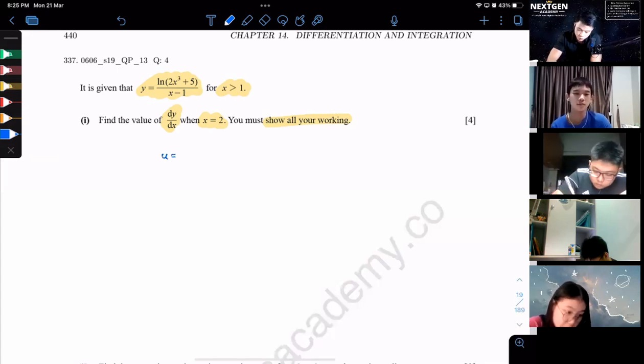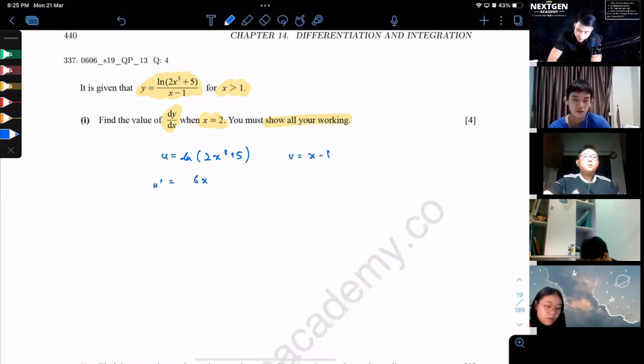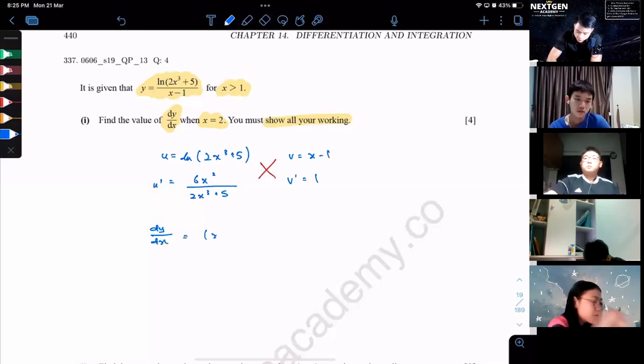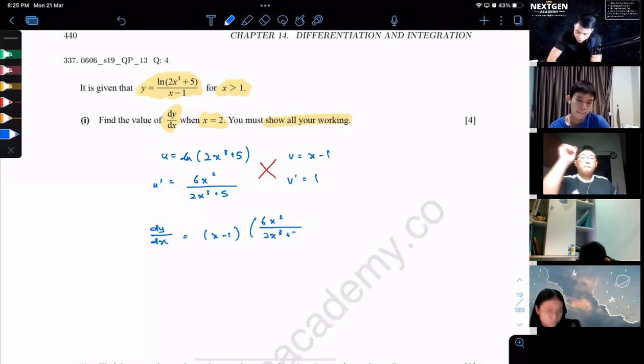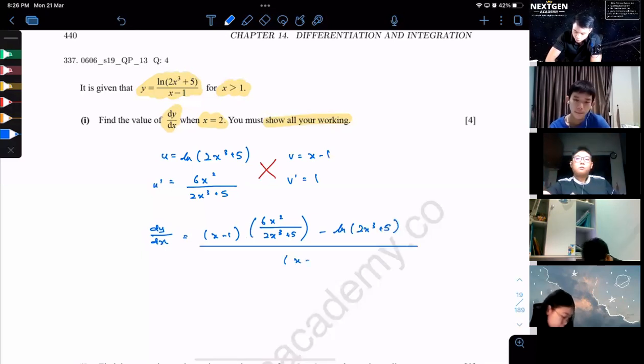So u equals ln(2x cubed plus 5), v equals x minus 1. u prime will be 6x squared over 2x cubed plus 5. v prime equals 1. Then it will be v u prime, so x minus 1 times 6x squared over 2x cubed plus 5, minus u v prime, so times 1, over v squared.